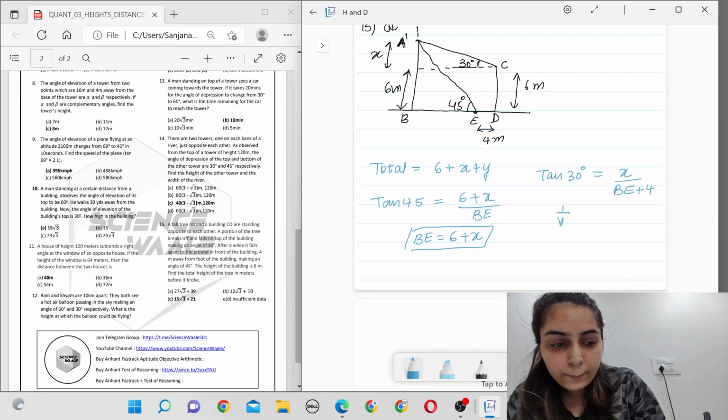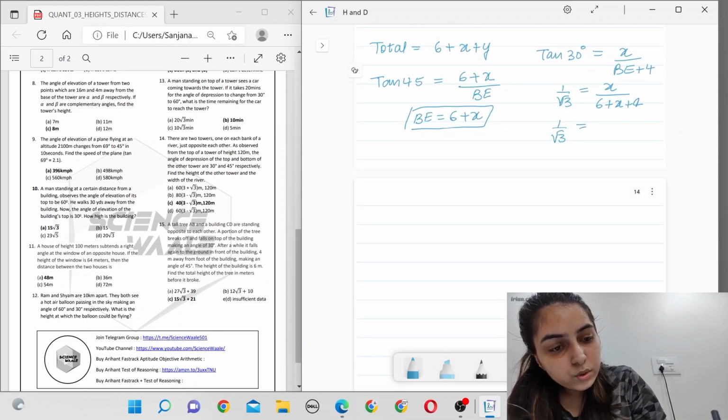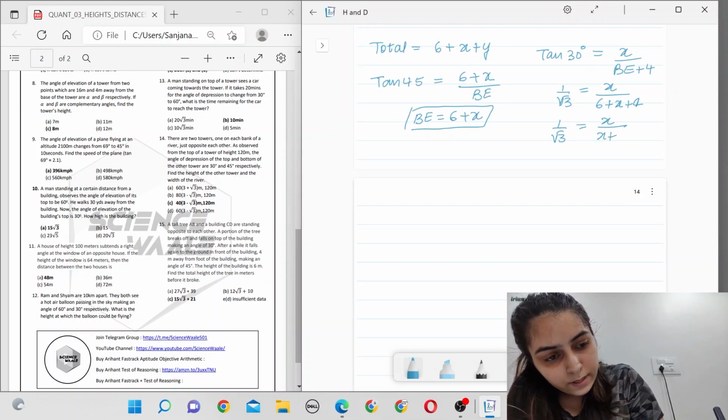Tan 30 is 1 by root 3, so 1 by root 3 is equal to X by BE plus 4. BE is 6 plus X. 6 plus X plus 4. So 1 by root 3 is equals to X by X plus 10.